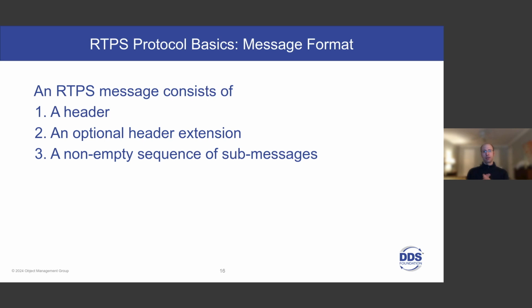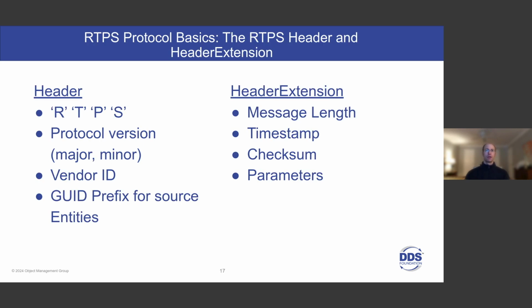So this sequence idea is interesting because it allows you to combine a number of messages from a number of endpoints and send them all at once to avoid bandwidth, right? So that's an important feature of the protocol that is very common, but nevertheless does have a very, very useful purpose. So what's in a header?